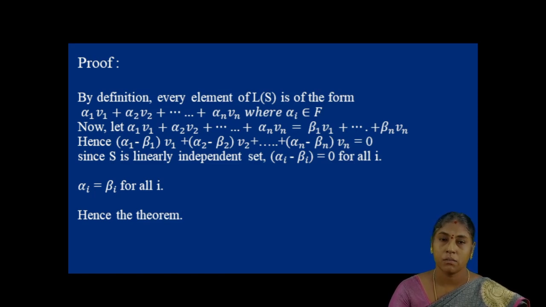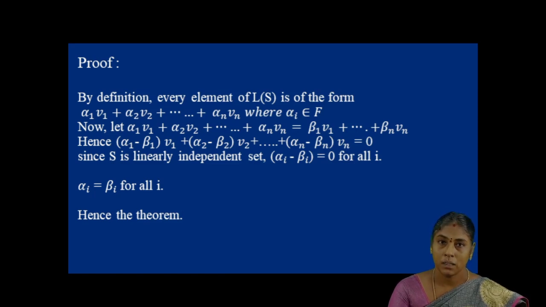So let us choose alpha 1 v1 plus alpha 2 v2 plus etc. plus alpha n vn equal to beta 1 v1 plus beta 2 v2 plus etc. plus beta n vn, where these alpha i's and beta i's are all scalars belonging to F and v1, v2 etc. vn belong to the vector space V.